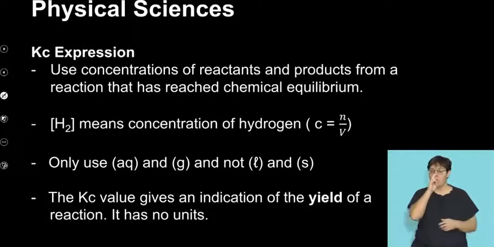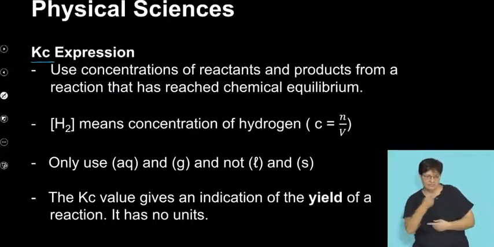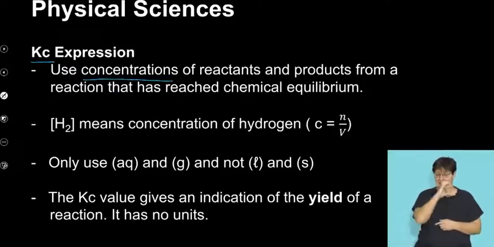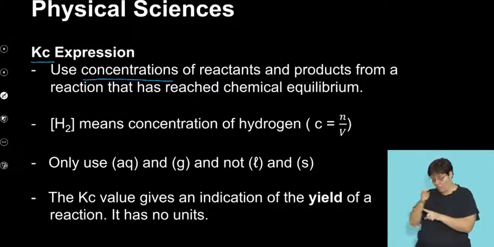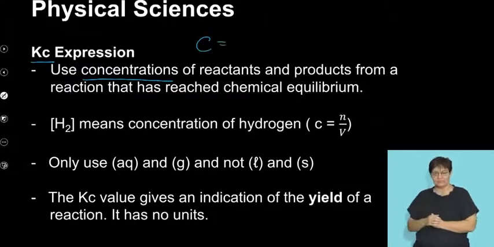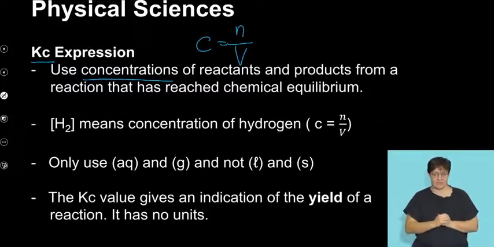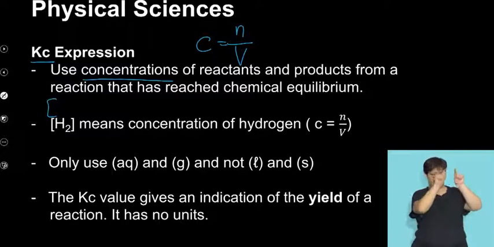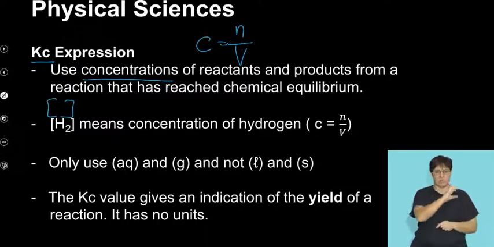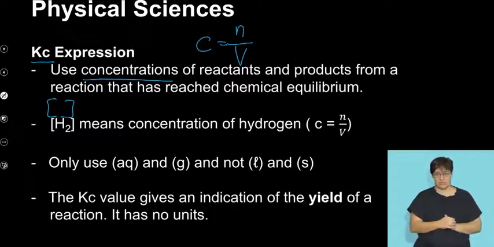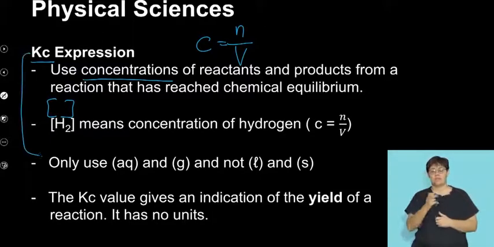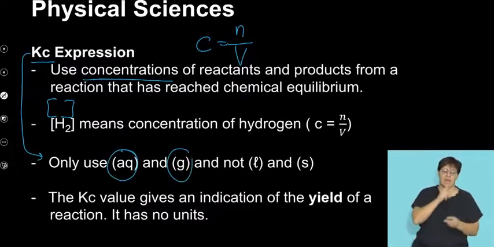When we look at the Kc expression, we use the concentration of the reactants and the concentration of the products. I just want to remind you again that concentration is the number of moles per unit volume. We use the square brackets for concentration, so this is the concentration of hydrogen. And when we work on the Kc expression, we only use aqueous solutions and gases.